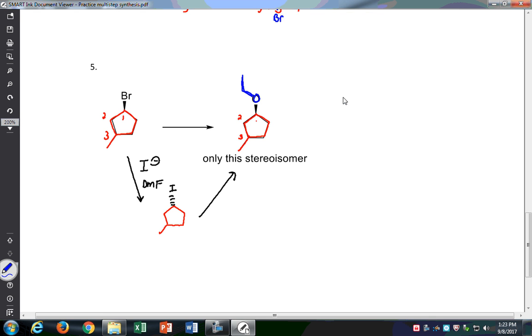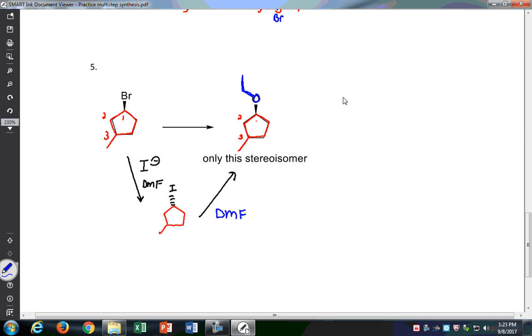We force one more SN2 reaction, say with iodine, and we'll get all the inversion product. Now iodine's in there. I'm using DMF because remember for SN2 we want a polar aprotic solvent. That's DMF. We talked about those in chapter 7. So I can force a second SN2 reaction.